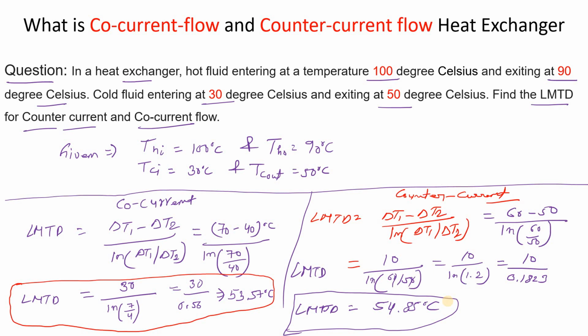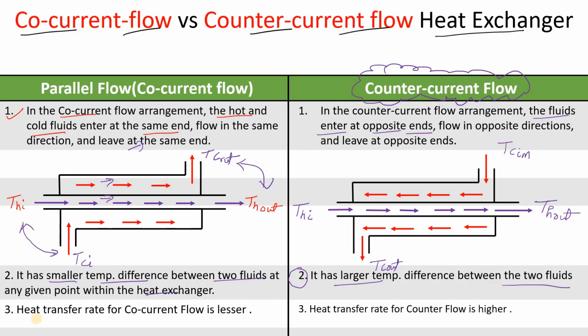Hence, if the LMTD is higher, then obviously the heat transfer rate is going to be higher in the case of the counter current flow. That's why we have written here that the heat transfer for co-current flow is lesser as compared to the counter flow. I hope that you understood why heat transfer rate is higher in the counter current flow as compared to the co-current flow, right?